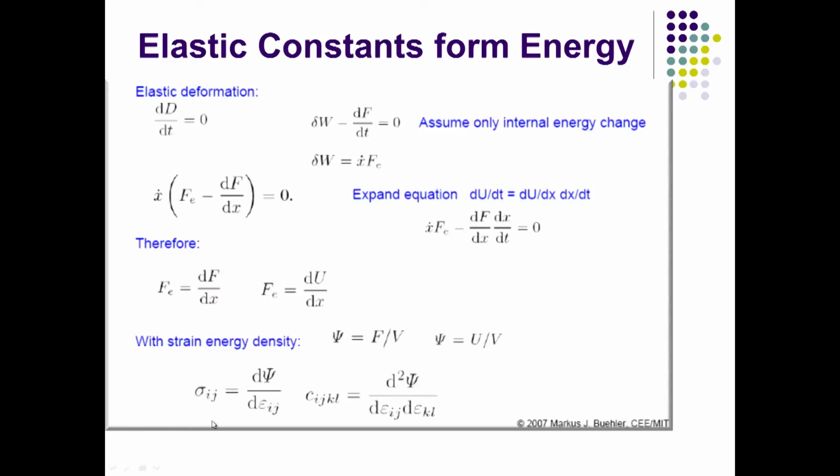So, sigma ij becomes d psi, which is the strain energy density, over d epsilon ij, where we are looking at the strain. If you have this strain energy density and differentiate with respect to strain, then you get sigma ij, and that is where C ijkl comes from, the strain energy over the two strain terms that we described.